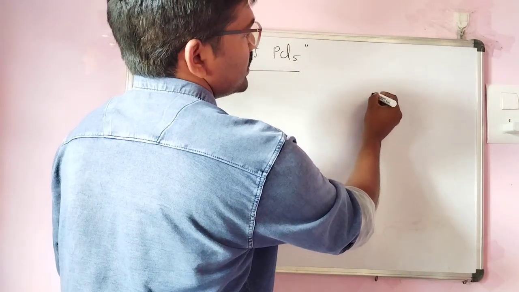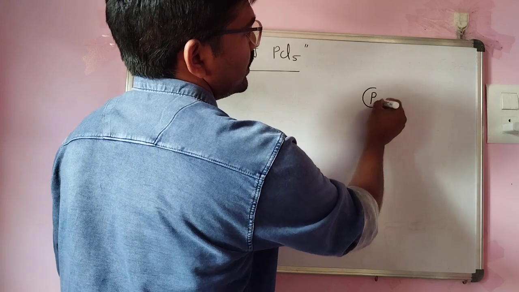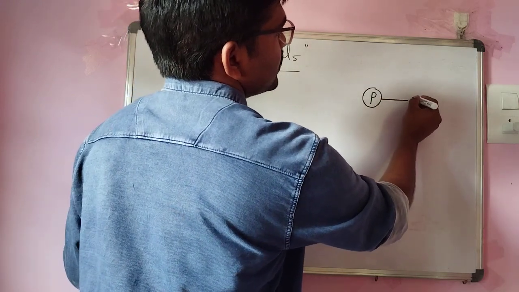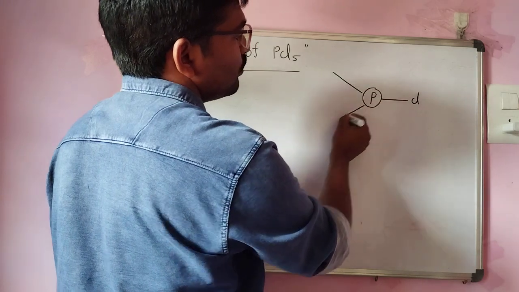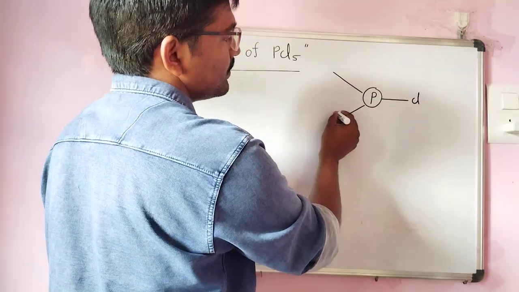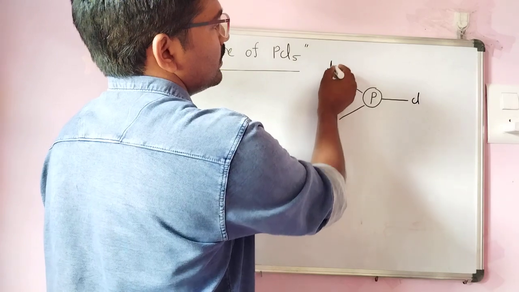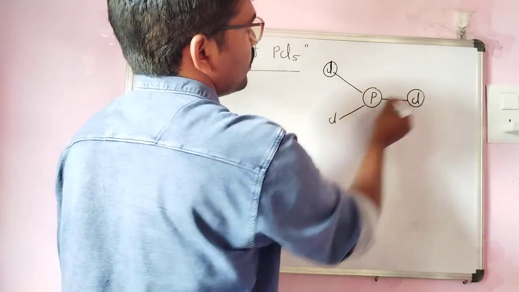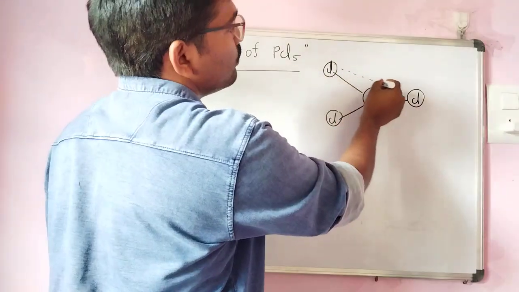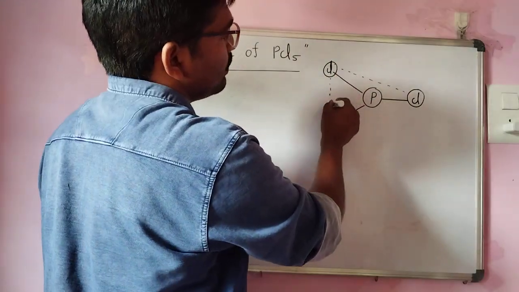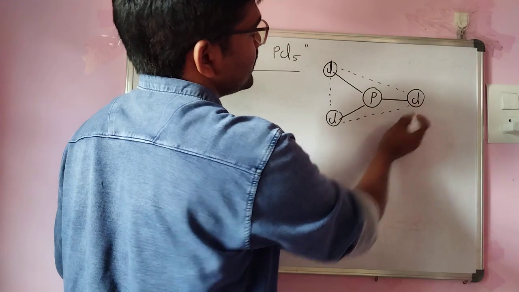Phosphorus is the central atom, surrounded by chlorine atoms. First, 3 chlorine atoms and one phosphorus atom are all present in one plane like this.